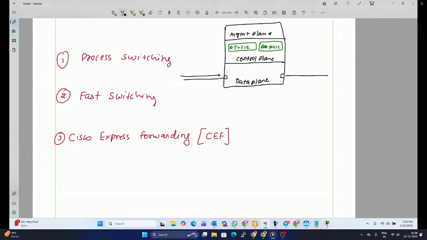Packet is received on this interface, on F0/0. So this packet will be given to the CPU. The CPU will take the forwarding decision on the basis of the routing table. It will check the ARP table, it will rewrite the frame, and then the packet is given to the interface, and then the interface will forward it. So this was known as process switching.